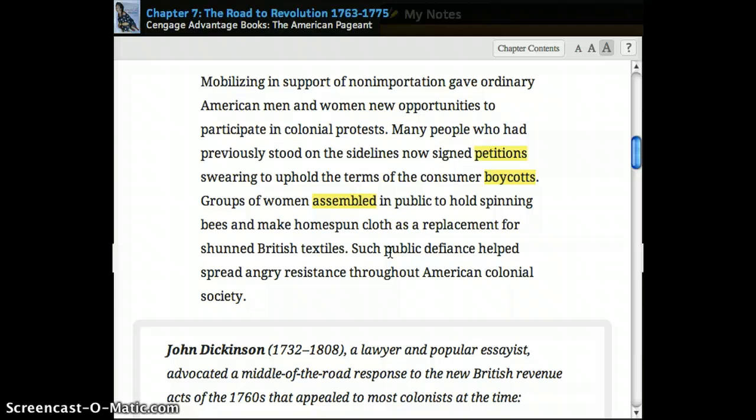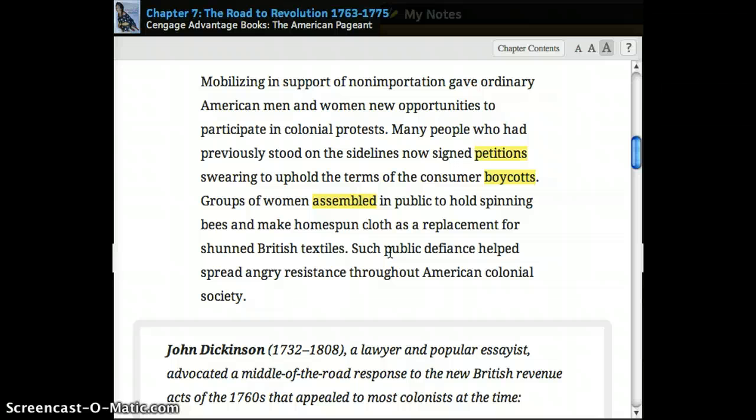We see union movements and protests all the time, environmental movements, and so on. But all of these movements, whether we consider them revolutionary or just protest movements, begin to get their start from this early pre-revolutionary period.